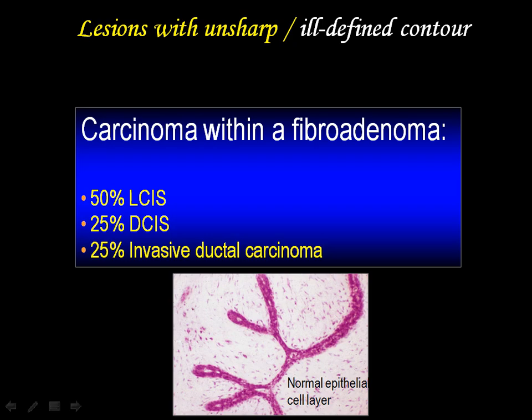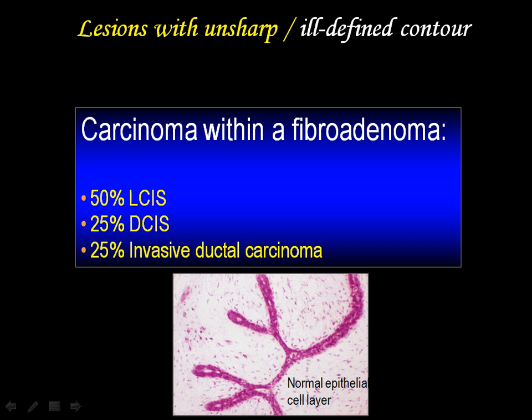Could carcinoma occur within a fibroadenoma? Because of the entrapped acini, which certainly have normal epithelial cell layer, the answer is yes. Does it happen often? No, it happens actually much less frequently than in radial scar, or in connection with sclerosing adenosis, or in connection with fibrocystic change.